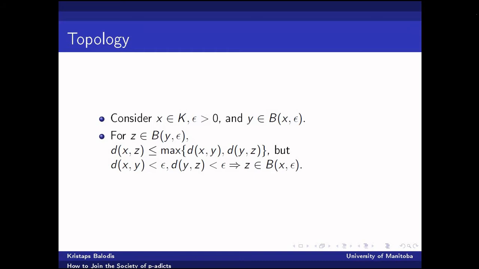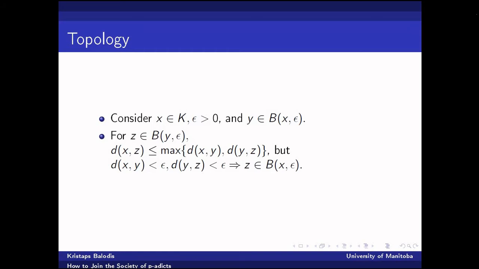But the distance from x to y is less than epsilon, because y is in the epsilon ball around x. And the distance from y to z is also less than epsilon. So either way, the distance from x to z is less than epsilon. So z must be in the epsilon ball around x.